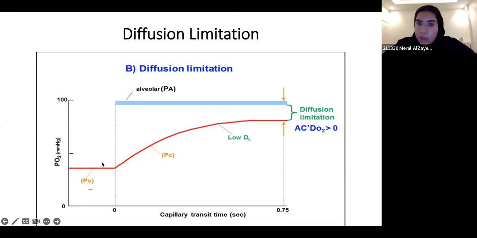Another case would be where the arterial PO2 is 60, and the difference would be 40. So diffusion limitation just depends on the patient's case. There isn't a specific number. Is that clear?